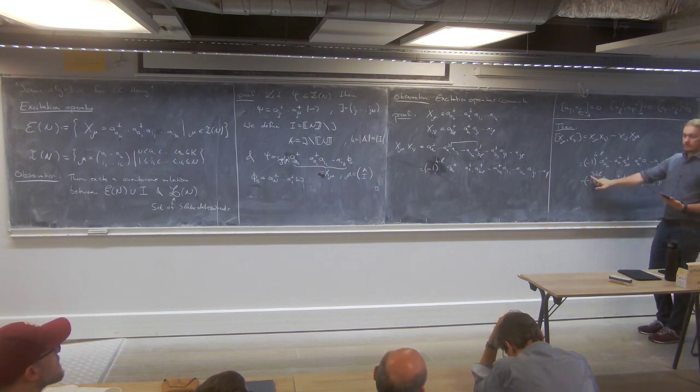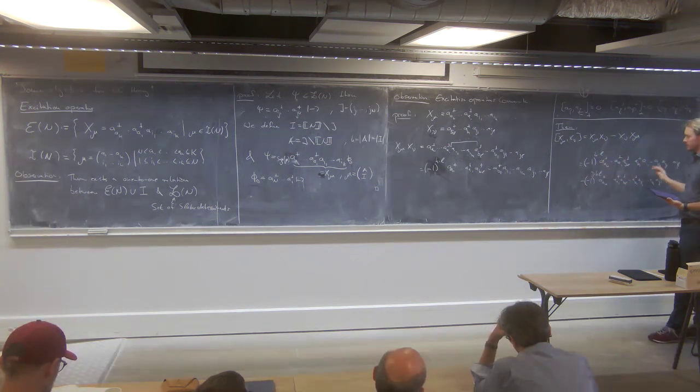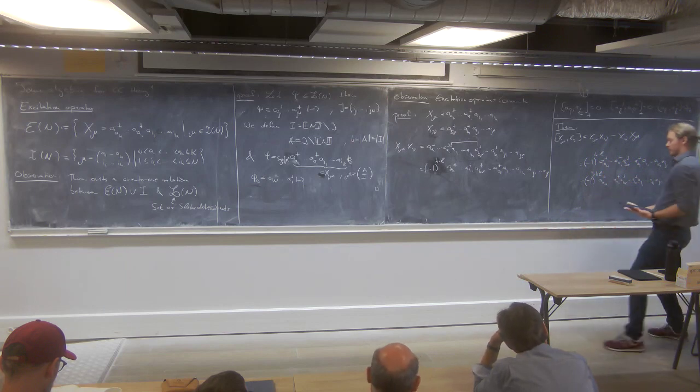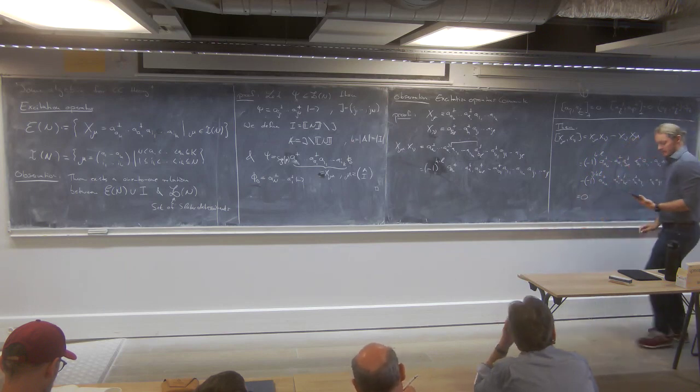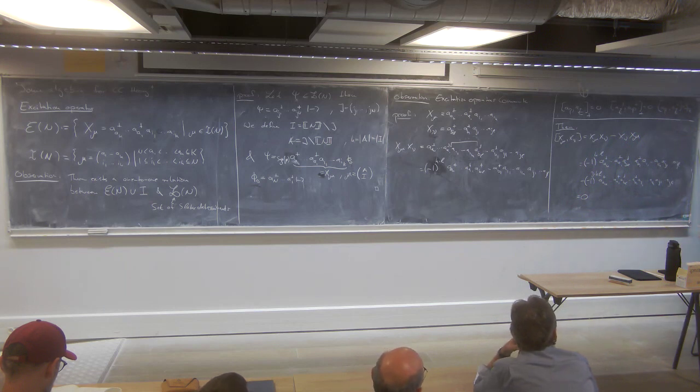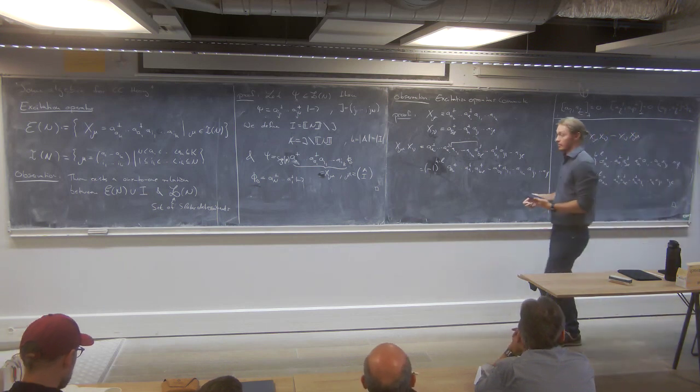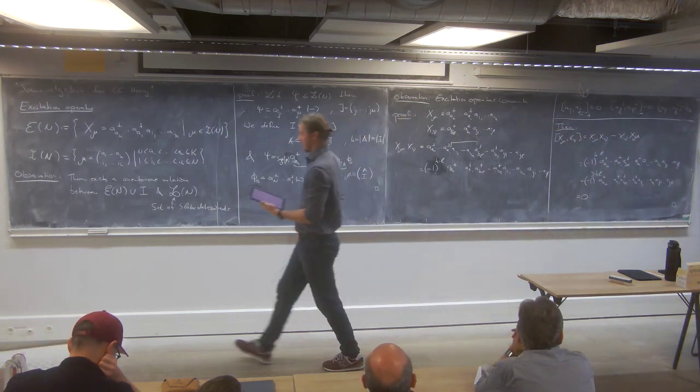So -1 to the 3 is -1. So we have -1 to the KL times this, minus -1 to the KL times this. So this equates to 0. It's a bit of a lengthy calculation, but it does the trick. So this is how you can convince yourself that excitation operators actually commute.